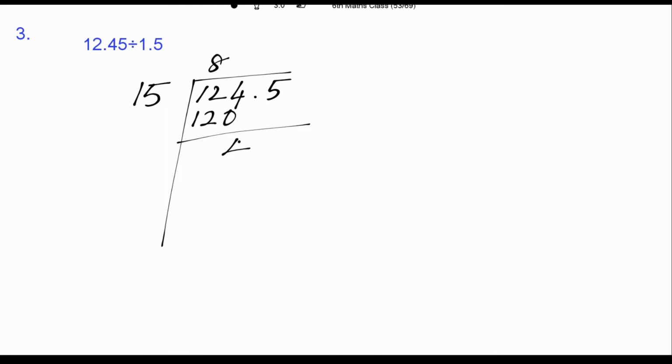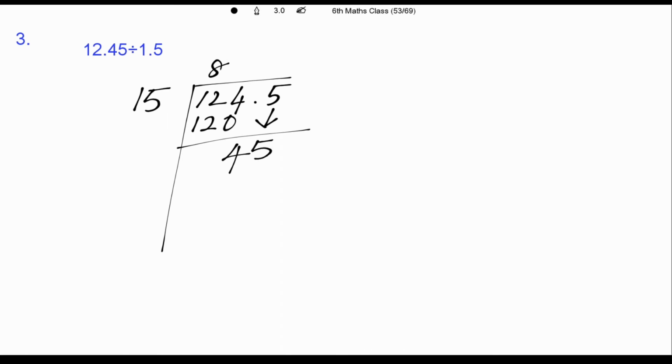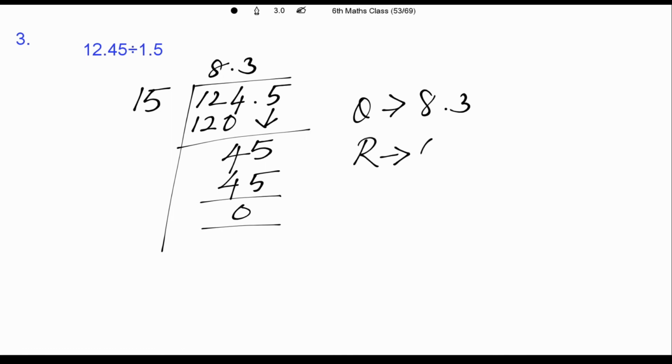So 4 will be remaining and bringing down 5. And since I am taking the tenth place, I am putting the dot here. So 8.3. That is 15 3s are 45. That is equal to 0. So quotient is 8.3. Remainder is 0.